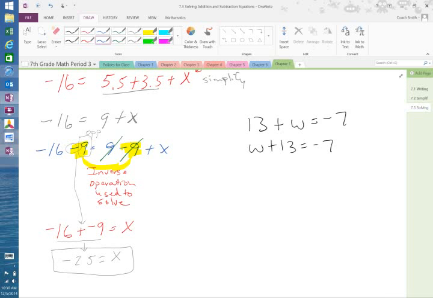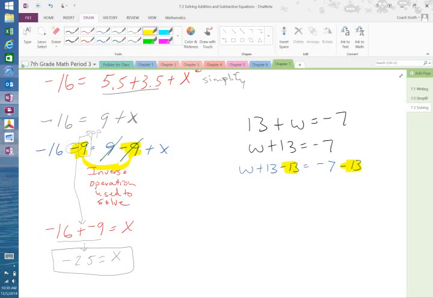Once again, W plus 13 minus 13 equal negative 7 minus 13. Now, as you will notice, when I'm doing the inverse operation, I'm usually putting it after the constant on the one side that has just the constant.